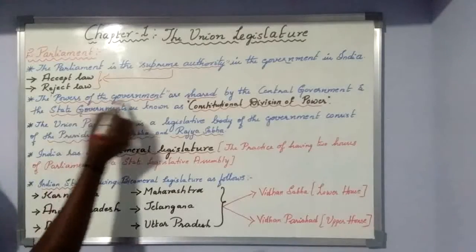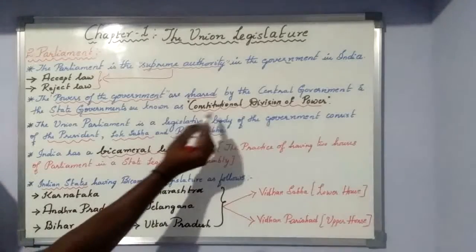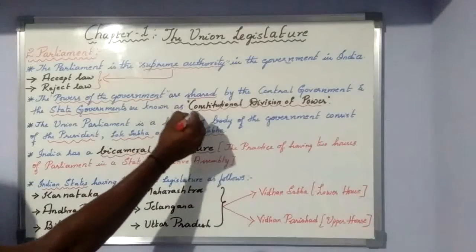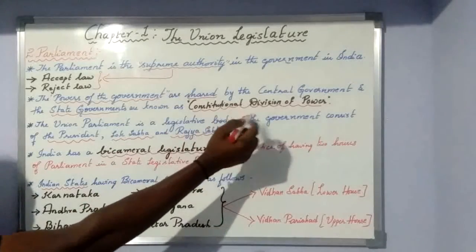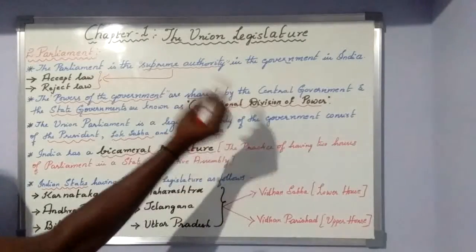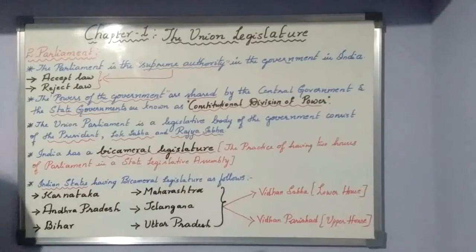The powers of the government shared between the state government and the central government is known as constitutional division of power. This concept was given when the constitution was framed. What is that constitutional division of power? That I will take in the next topic.